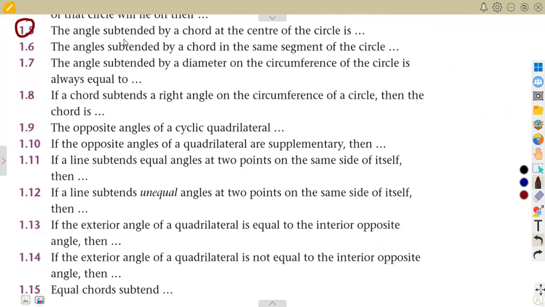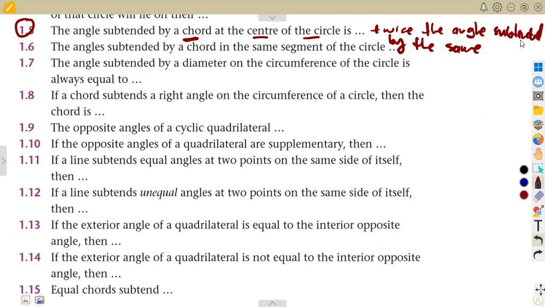They're saying the angle subtended by the chord at the center of the circle is going to be twice or double the angle subtended by the same chord.